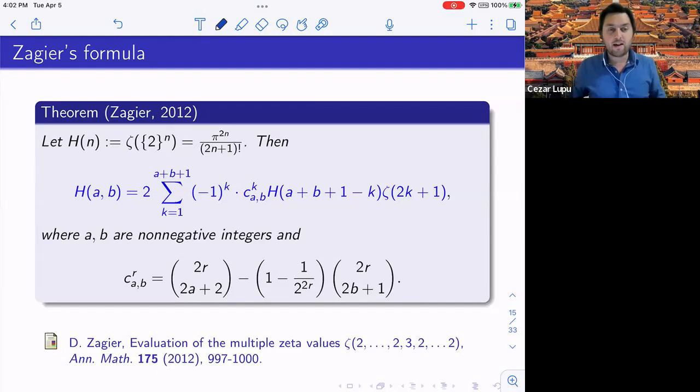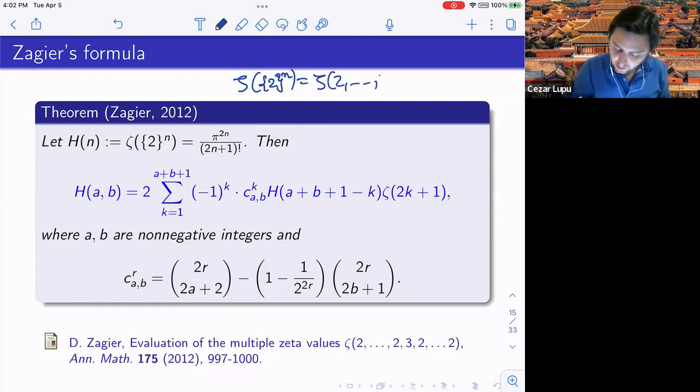The formula for evaluating this Hoffman family of multiple zeta values is given by this. This is the simplest Hoffman family, Hn. When I write zeta of 2 here, this means zeta of 2, 2, and so on, with n copies of 2.